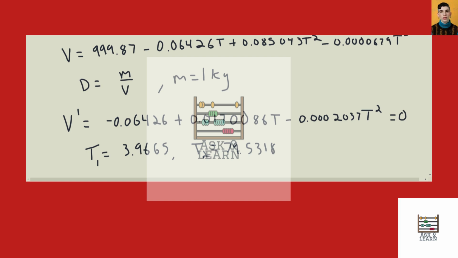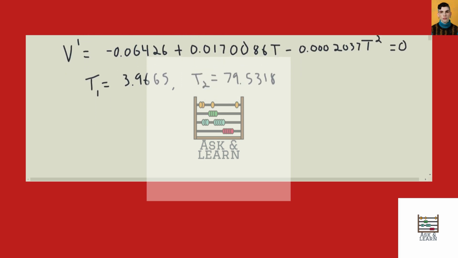Okay, once again, that's the quadratic formula. Let me just pull it up real quick, just in case any of you have forgotten that. The quadratic formula is negative b plus or minus the square root of b squared minus 4ac, and then all of that divided by 2a. Okay, and then when you do that and you plug it in, you'll be able to solve for your t's.